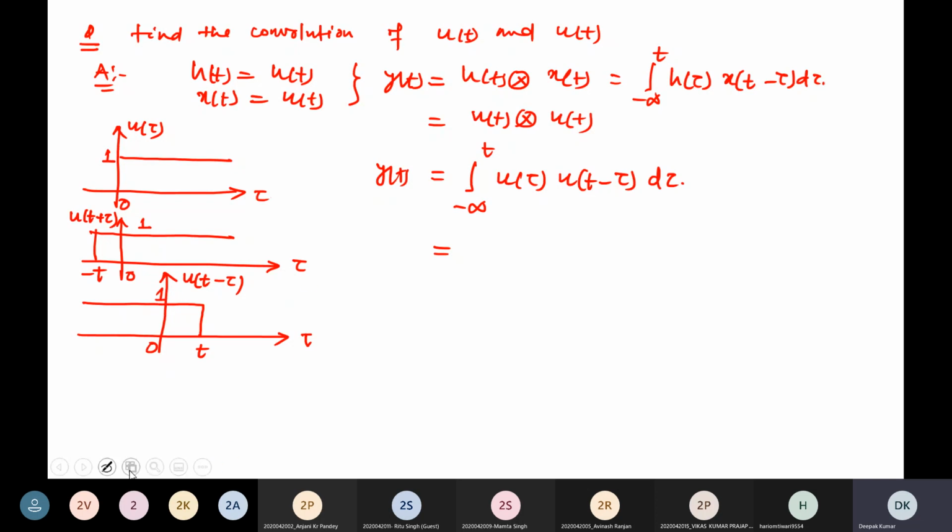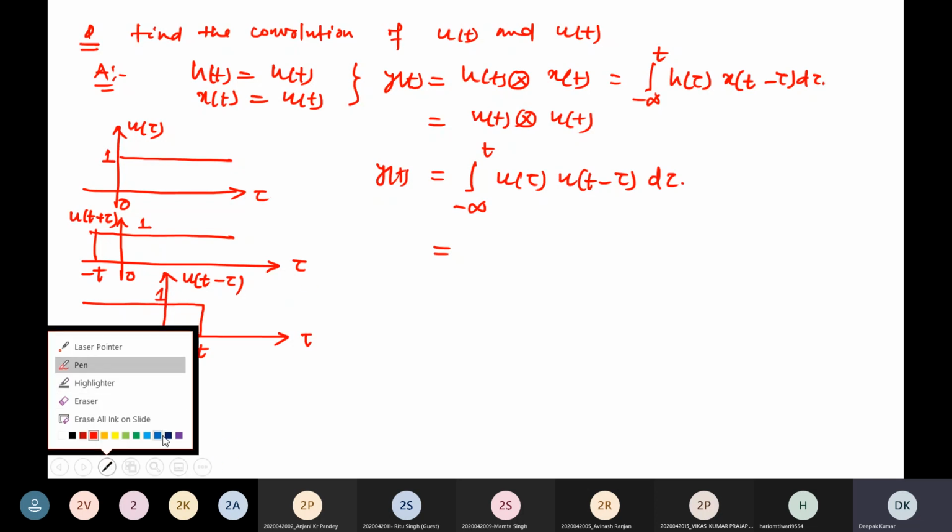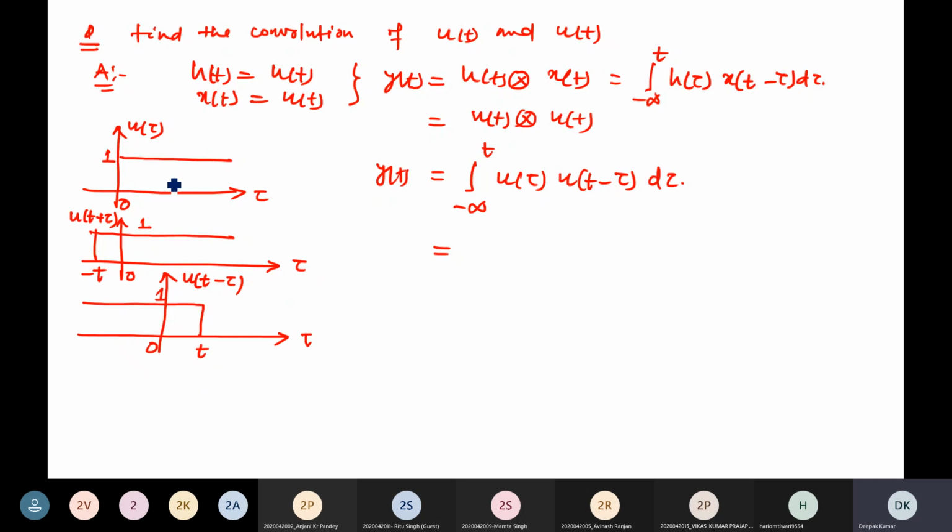Now if you multiply these two, u of tau and u of t minus tau, from minus infinity up to 0 the result is 0, and after t also the result is 0. So the total result will be only in the range of 0 to t, and this is 1.